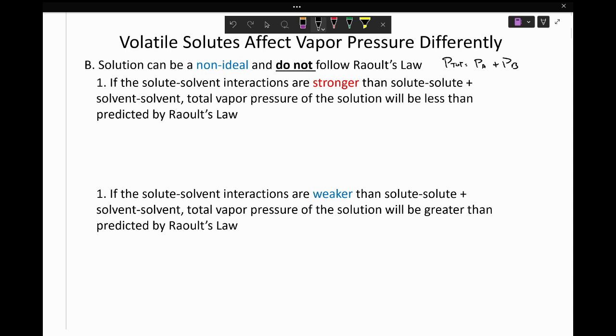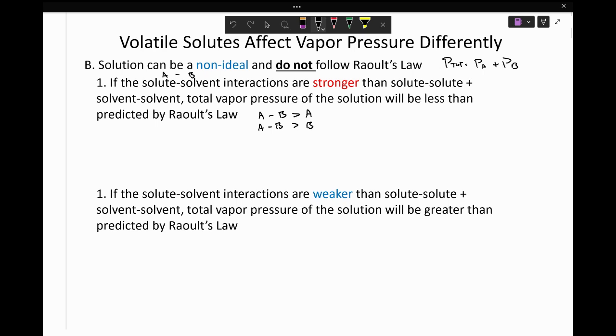So the first case is one where the solute-solvent interaction, so another way to say this, the interaction of A with B is stronger than the interactions of A with A and B with B. So I can say A interacting with B is stronger than A, and A interacting with B is stronger than B.